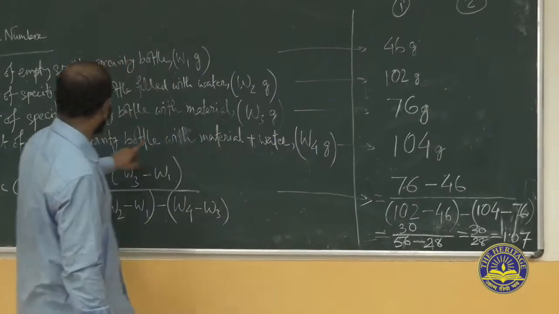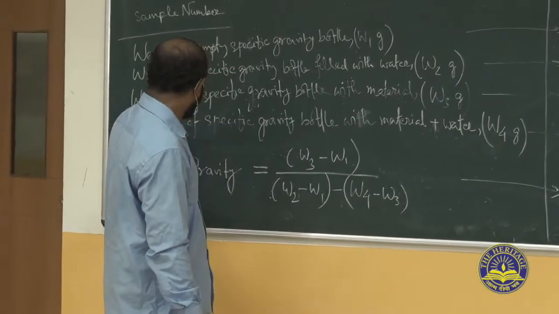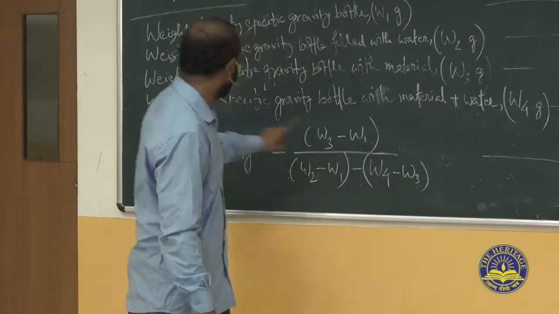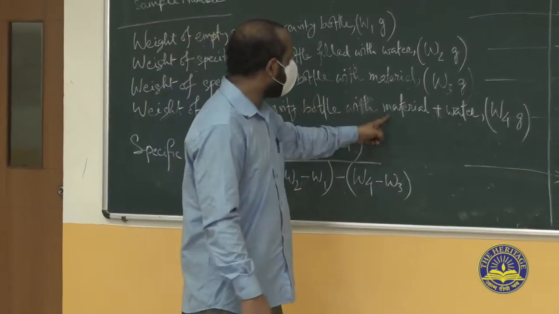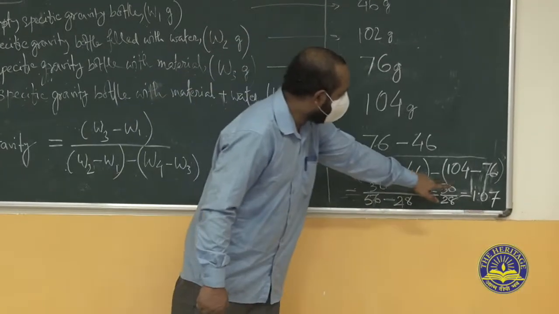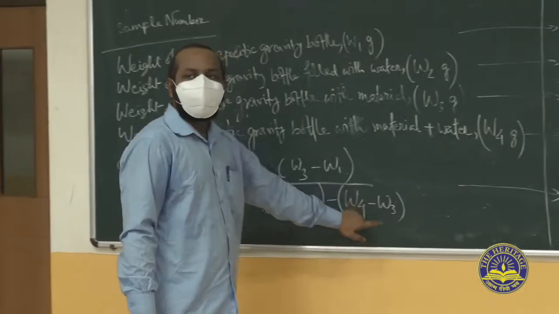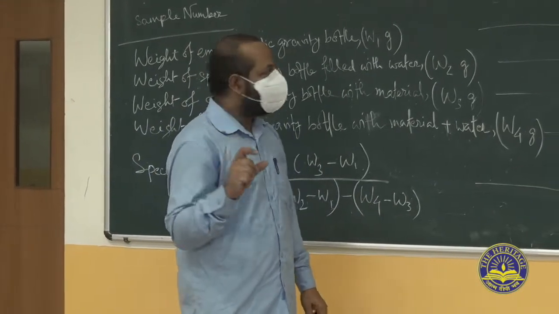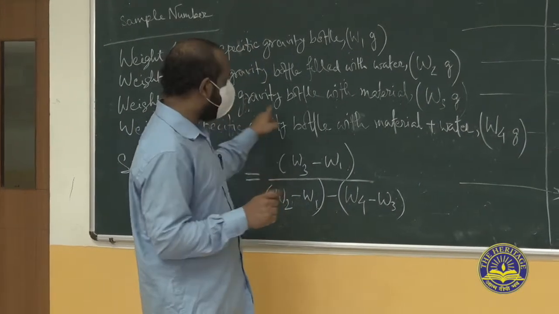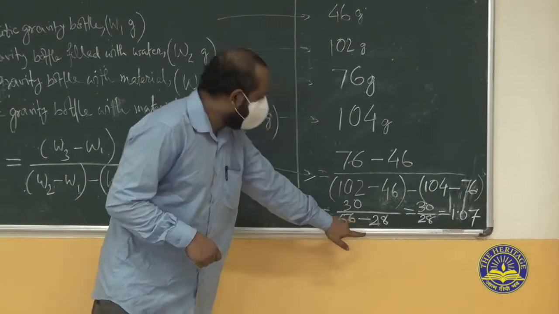Then W4 minus W3: the weight of the bottle with material plus water, 104, minus W3, the weight of the bottle with material. That will give us 28.